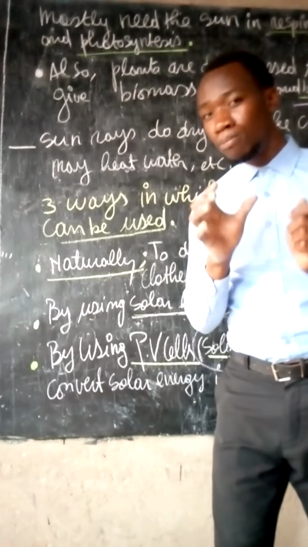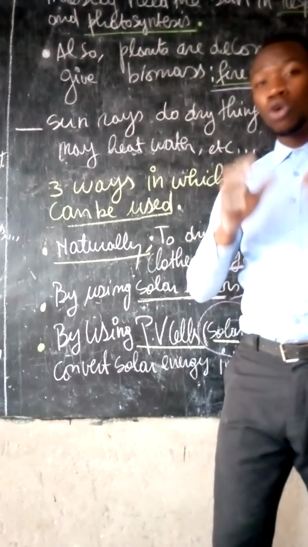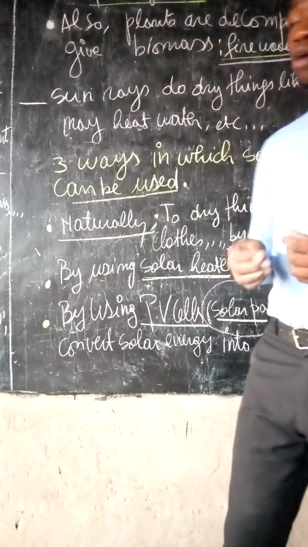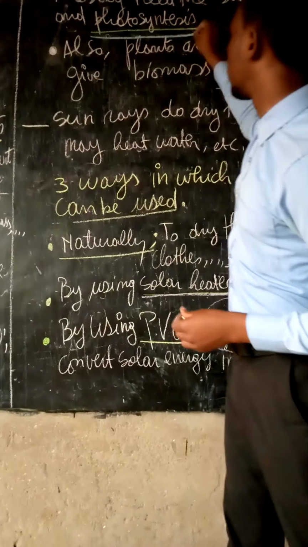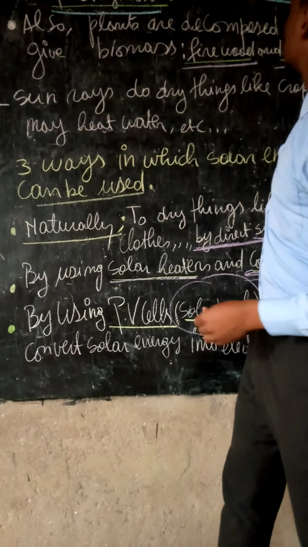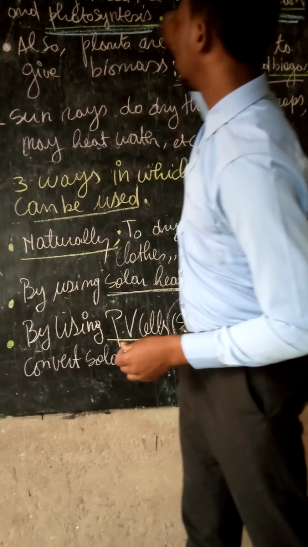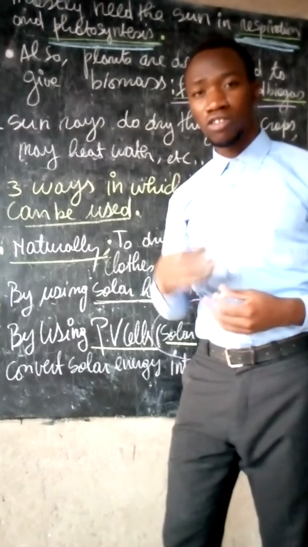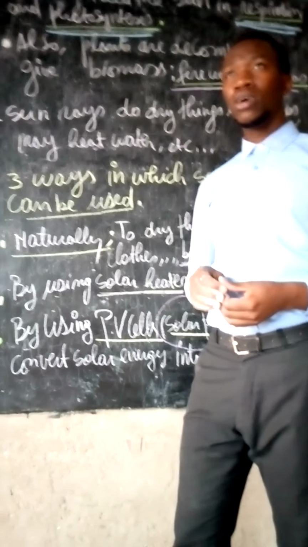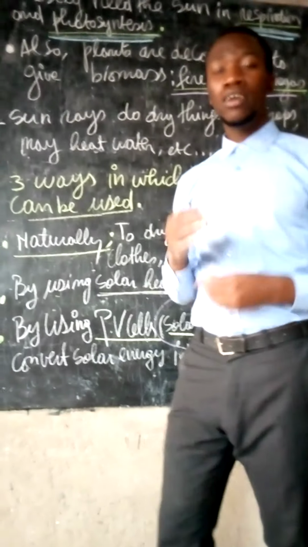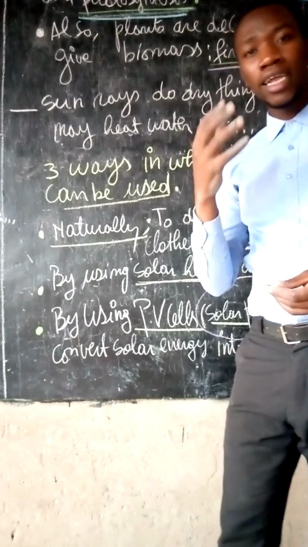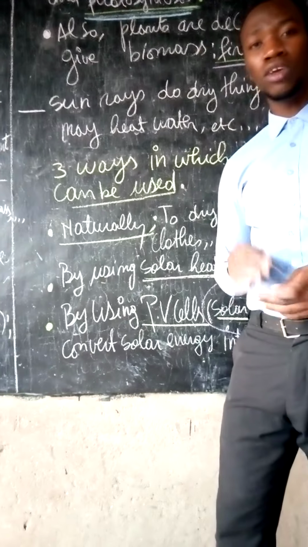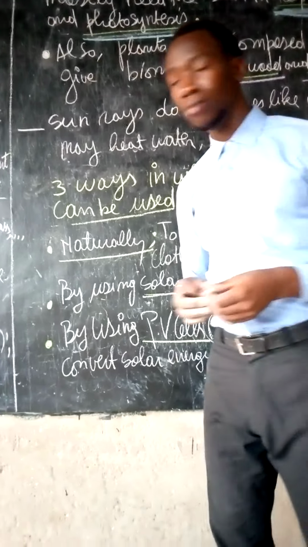Those plants and animals got life from photosynthesis and respiration, and these activities need the contribution of the sun. Also the living organisms need light from the sun to survive, to live, to give them energy.